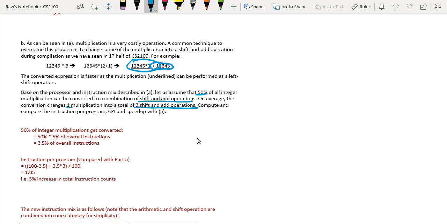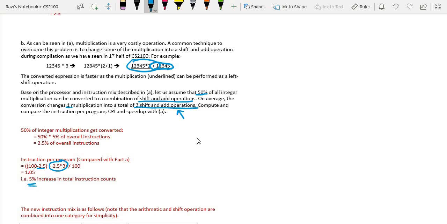So 2.5% is converted and 2.5% is not converted. Whatever is converted, I subtract from here, and that has to be replaced with 2.5 times 3, because each instruction is now replaced by 3 instructions. So the overall size of my code is now increased by 5%.